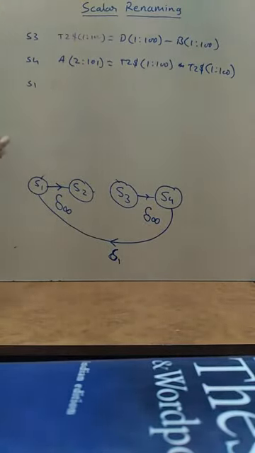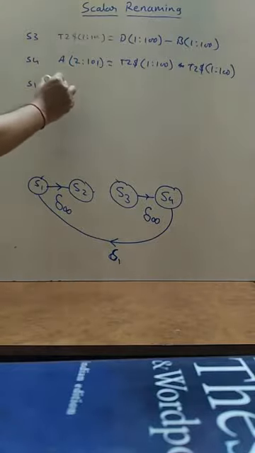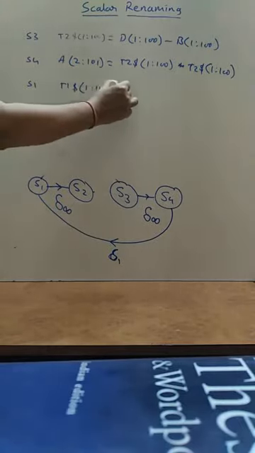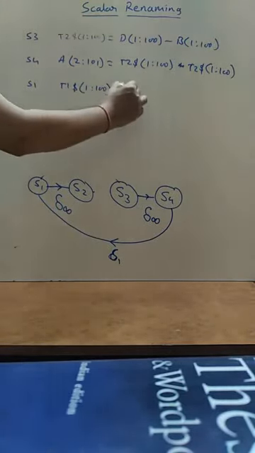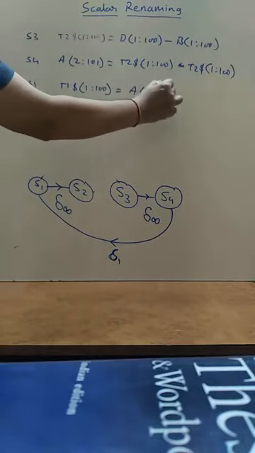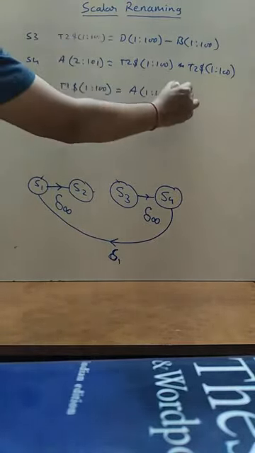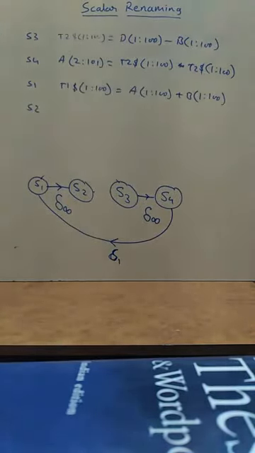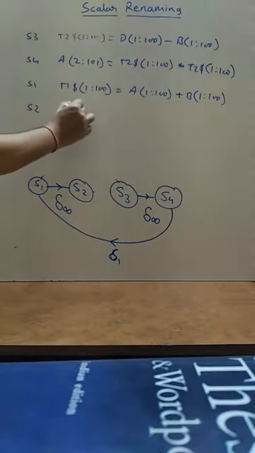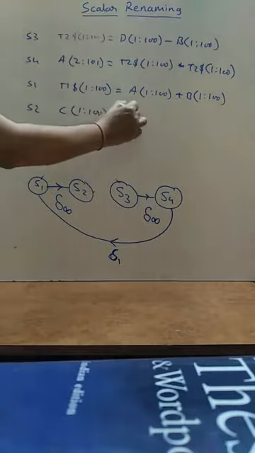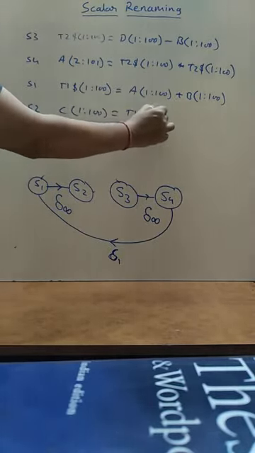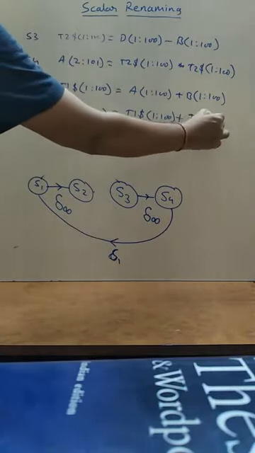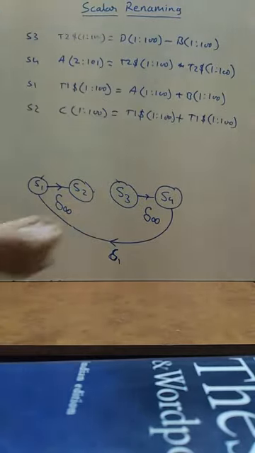Then there will be S1, which is T1 dollar 1 to 100, and it is equal to A of 1 to 100 plus B of 1 to 100, and S2 would be C of 1 to 100 is equal to T1 dollar 1 to 100 plus T1 dollar 1 to 100.